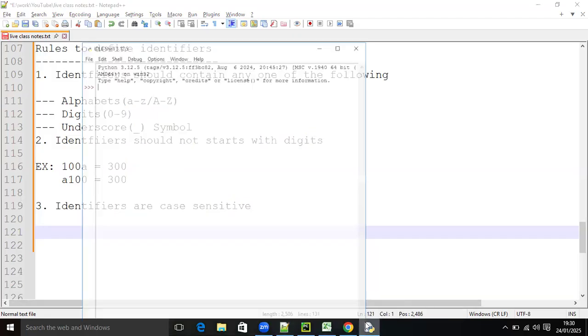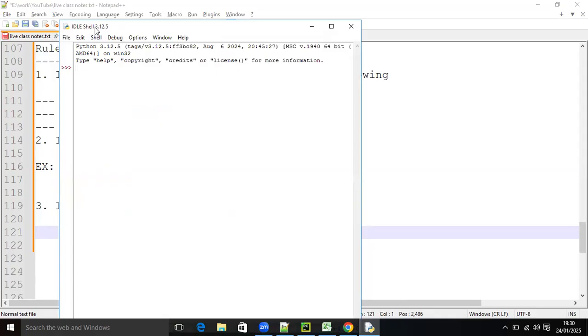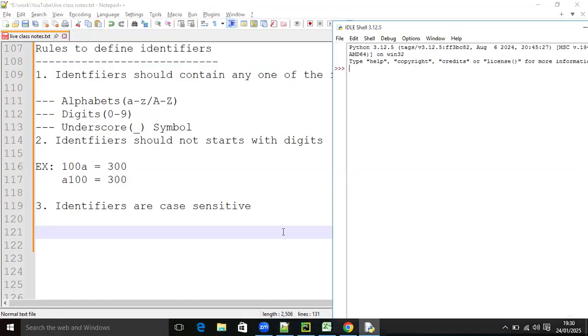Let me open the IDLE here. So identifiers are case sensitive, as we know. First of all, suppose Hari has 500.